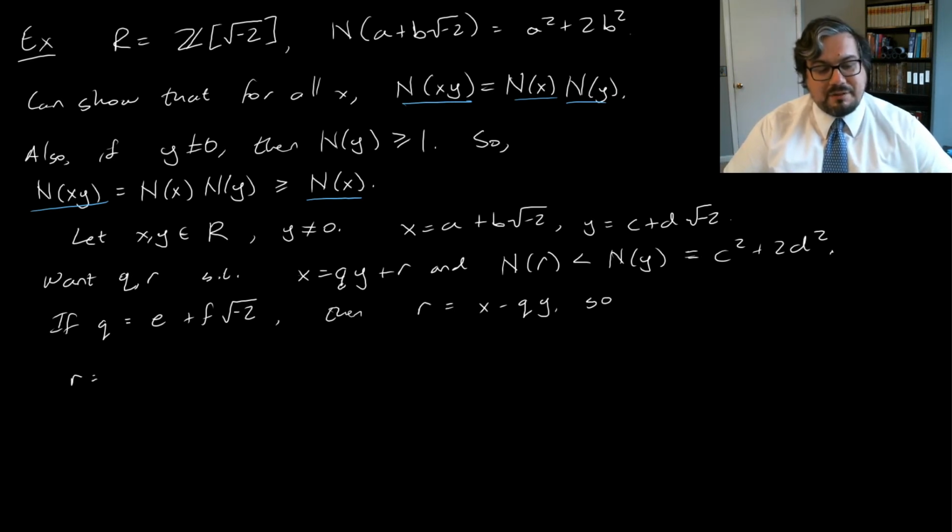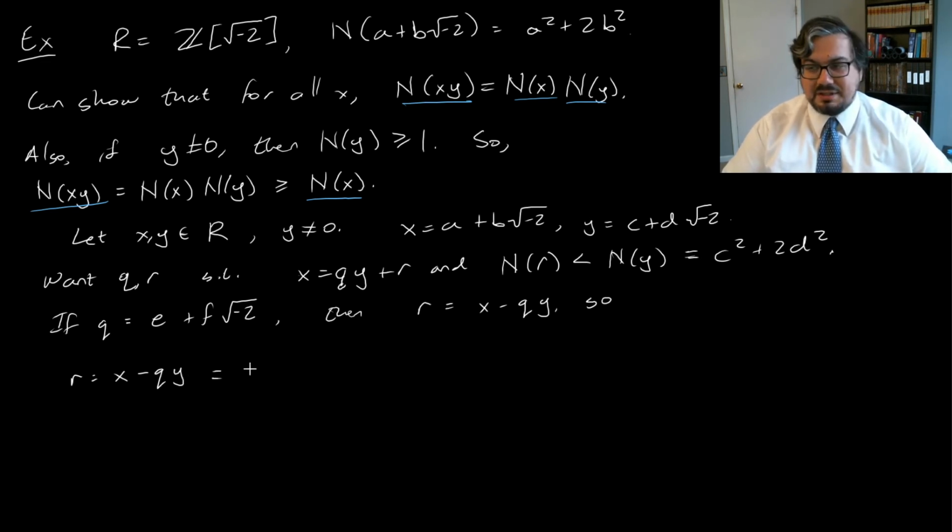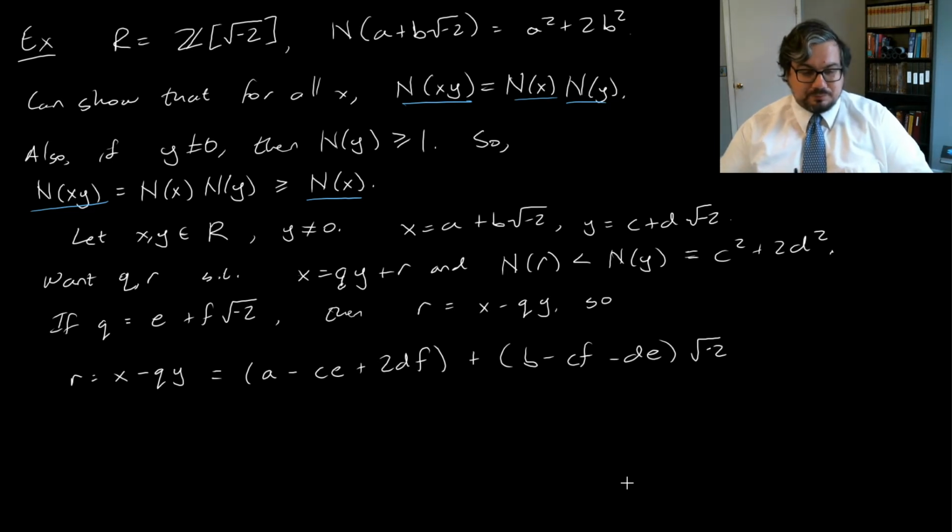When you expand all this out, r is a minus ce plus 2df, plus b minus cf minus de times the square root of -2.